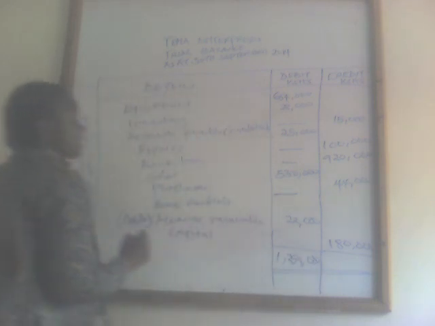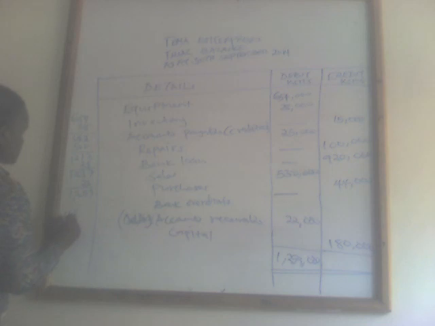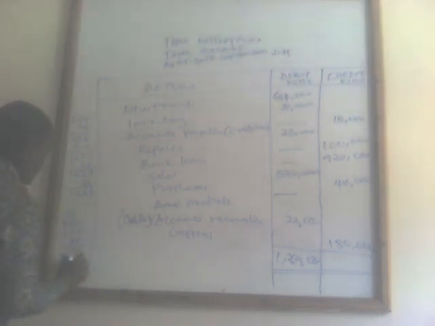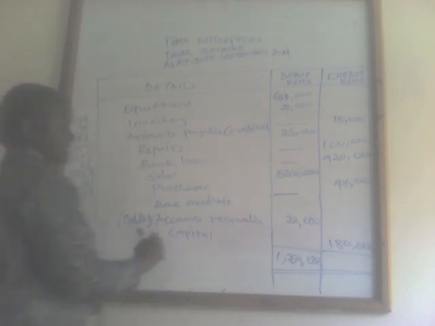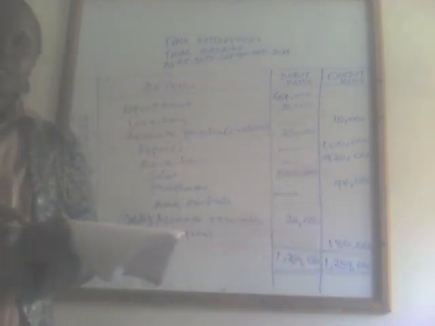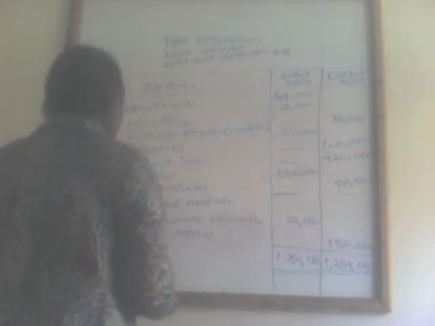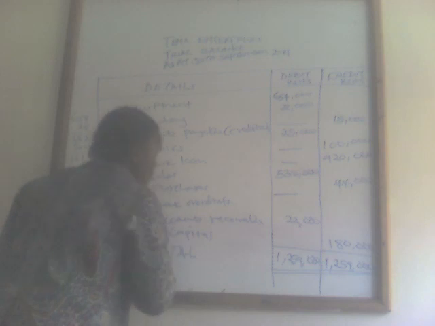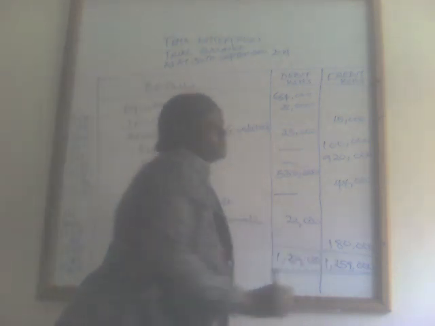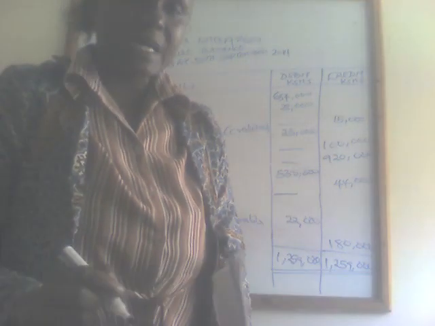The debit side is 1,259,000. The credit side is also 1,259,000. As you can see, the totals are the same. Both debit and credit are equal, meaning there's no error. That's all about the trial balance.